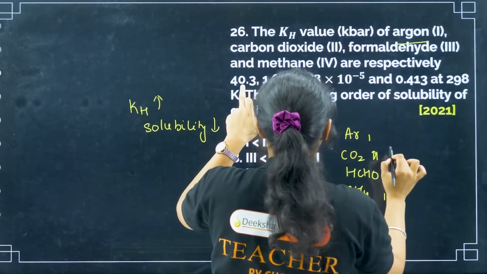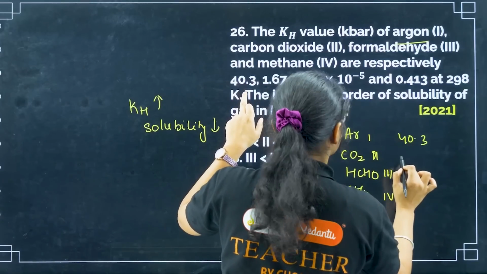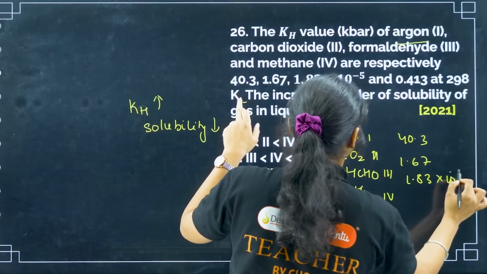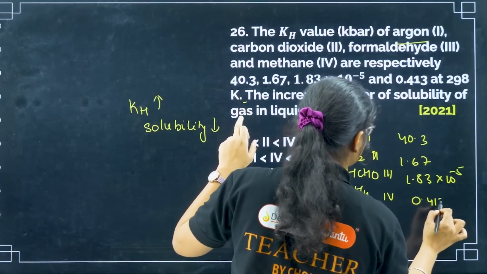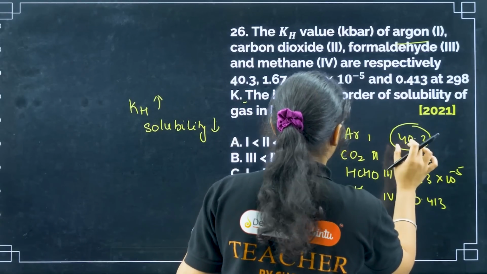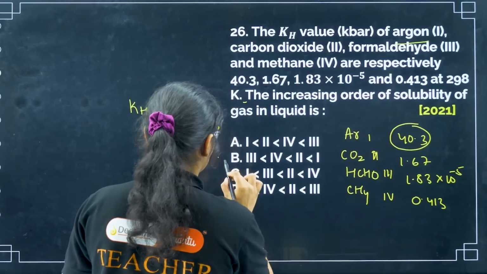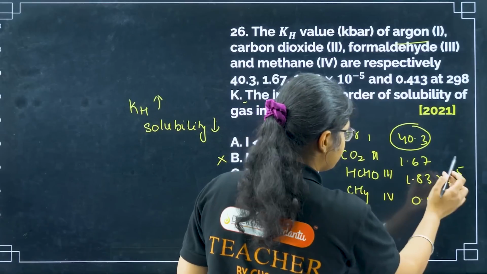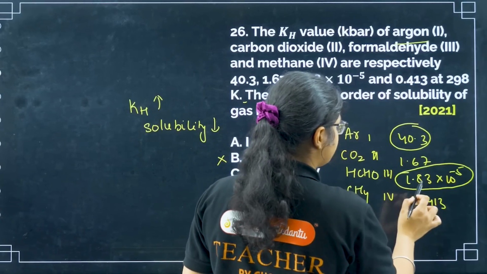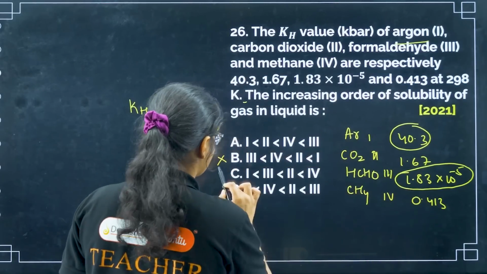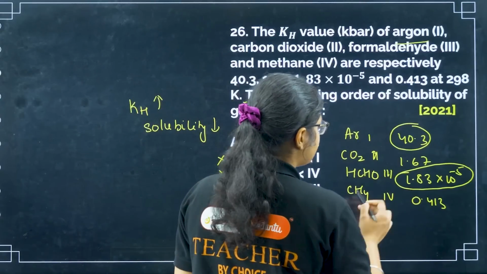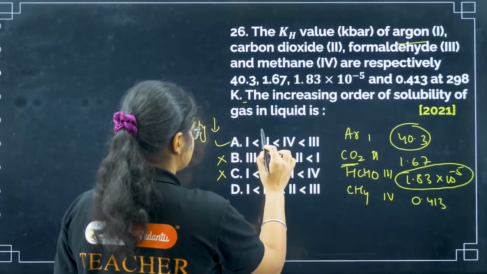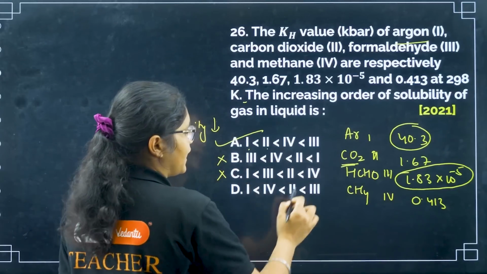Now the values are 40.3, 1.67, 1.83 into 10 to the power of -5, and 0.413. Argon has the highest value, so it will have the least solubility, so I can eliminate this option. Next, the least value will have the highest solubility, that is 3, so again I will eliminate this option. After 1, the next highest value is of carbon dioxide, so 2 will come next, so that is option 1, 2, 4 and 3.